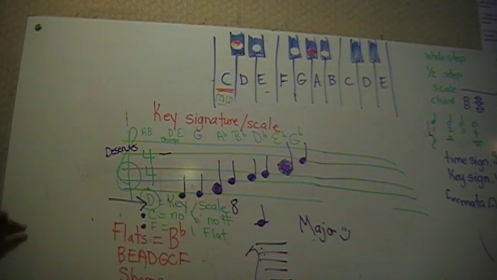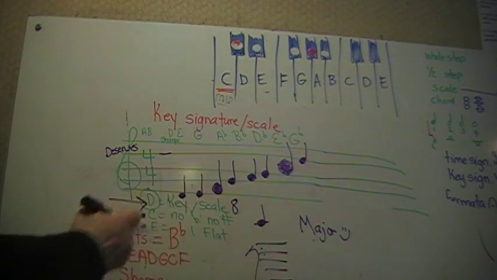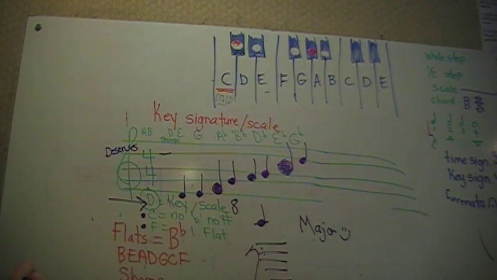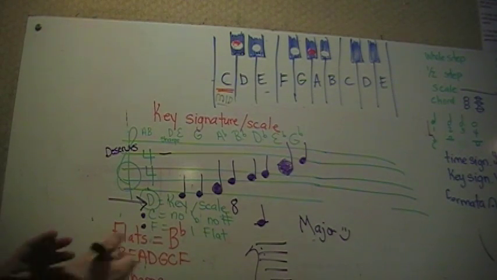You might have a question in your book that says, tell me two types of scales. That would be major or minor. They might have a question in the book that says, how many notes are in a scale? That would be 8. They might have a question that says, what is the time signature in this song? It would be 4/4. They might ask you how many D's are in this song, and then you would say 2.